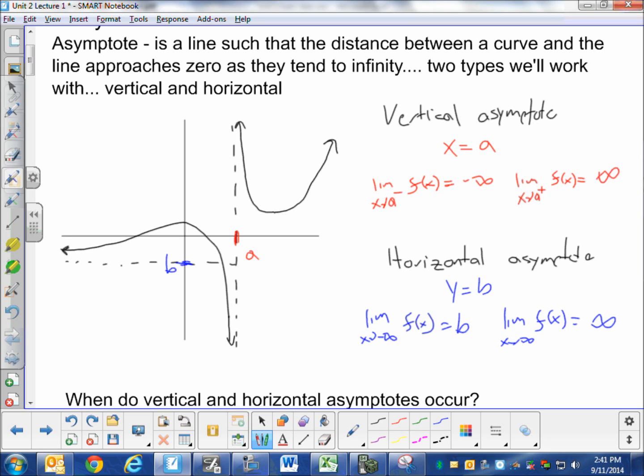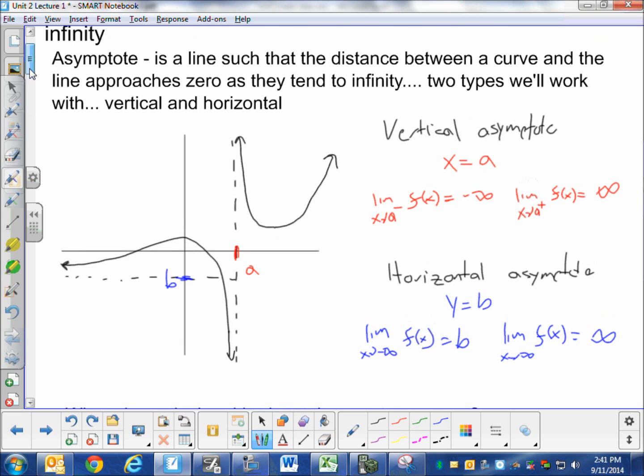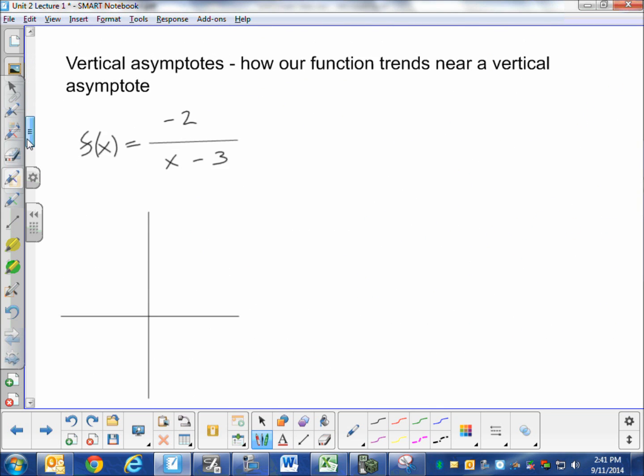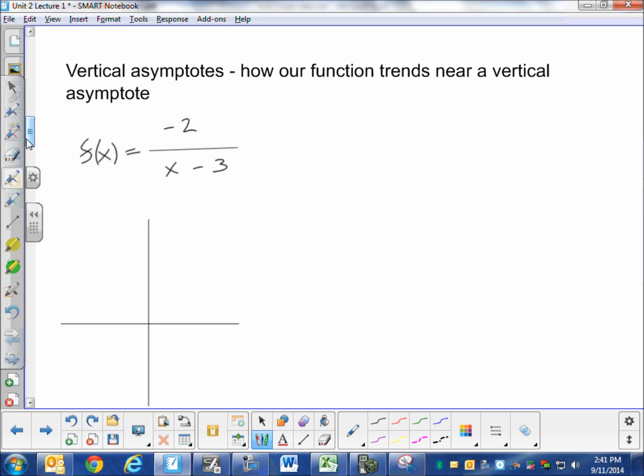Horizontal asymptotes. Now, we're going to first focus on vertical asymptotes. And here's a quick example. f of x is equal to negative 2 over x minus 3. I know I have a vertical asymptote at 3.